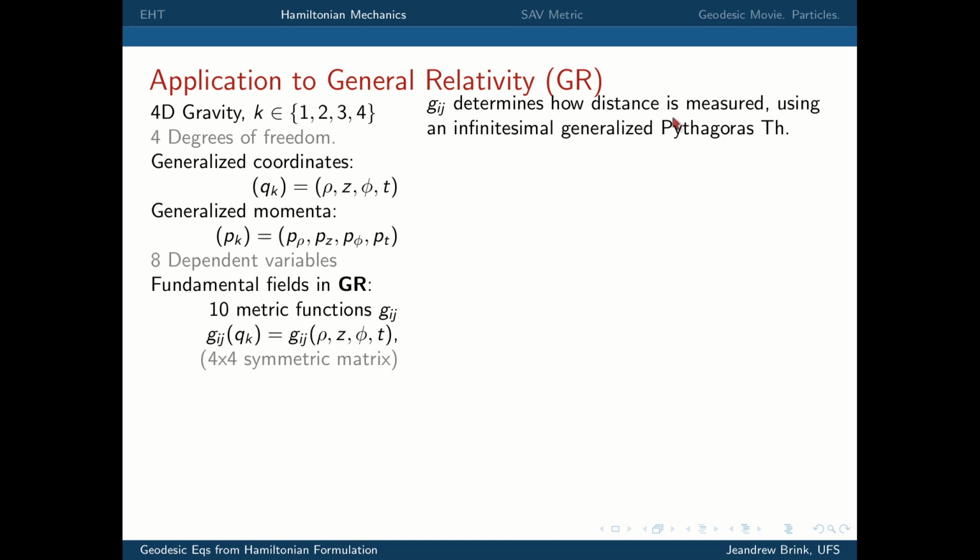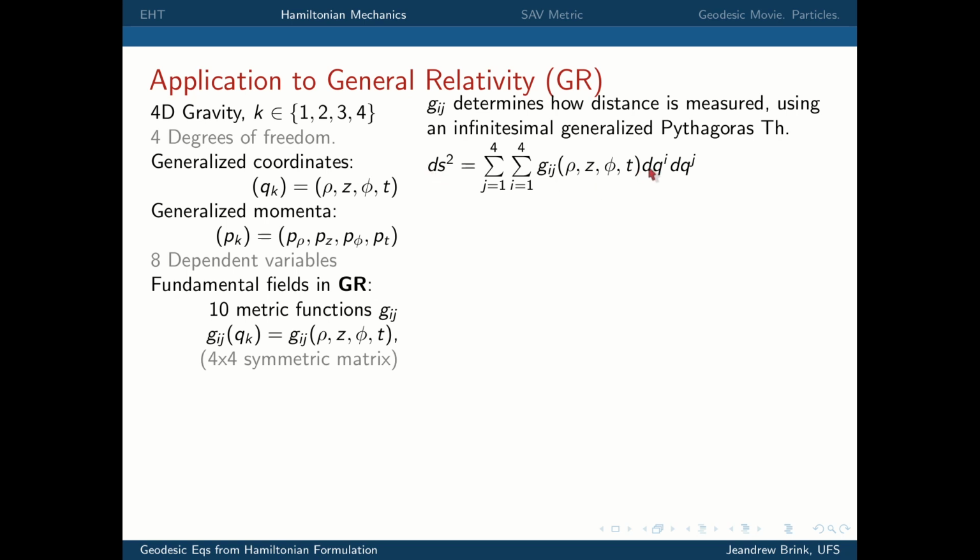And the way it does so is it makes use of an infinitesimal generalized kind of Pythagoras theorem idea, where you can say the distance is not simply dx squared plus dy squared plus dz squared as we normally do in 3 dimensions.